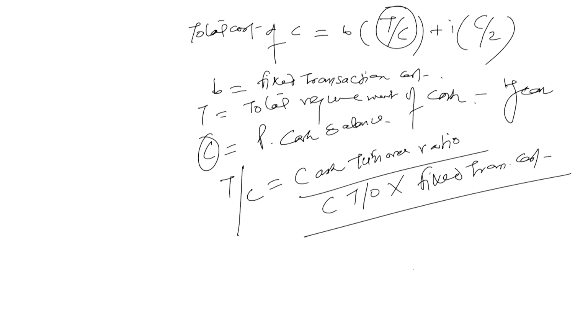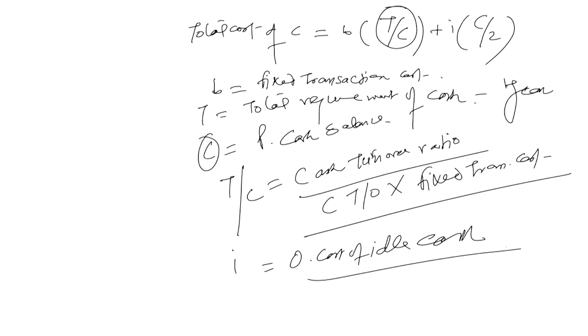Then the next thing is C by 2, along with I. I is the opportunity cost of idle cash. And C by 2 is the average cash balance held by the firm at a point of time.